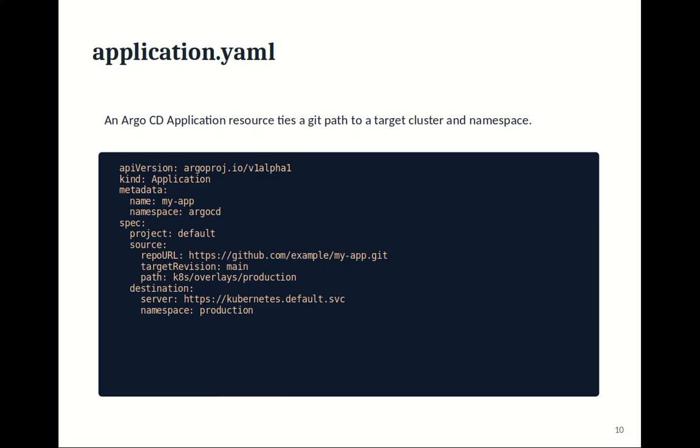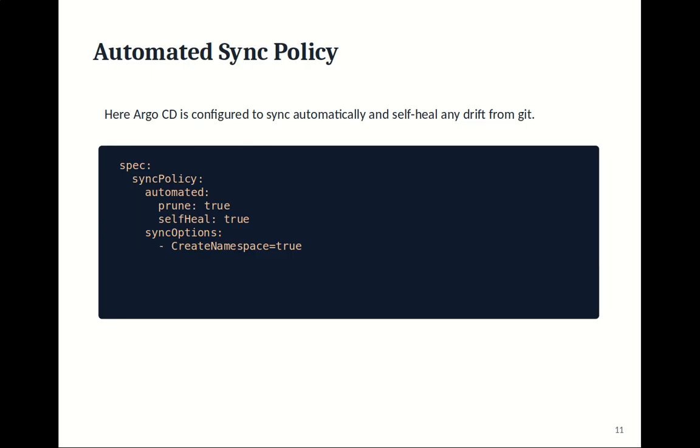Application.yml, an ArgoCD application resource, ties the Git path to a target cluster and namespace. Automated sync policy. Here, ArgoCD is configured to sync automatically and self-heal any drift from Git.